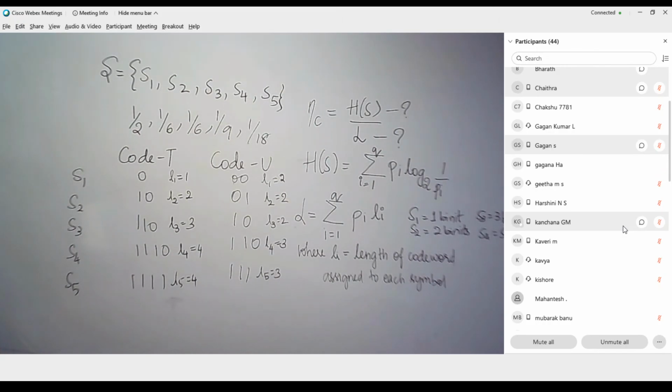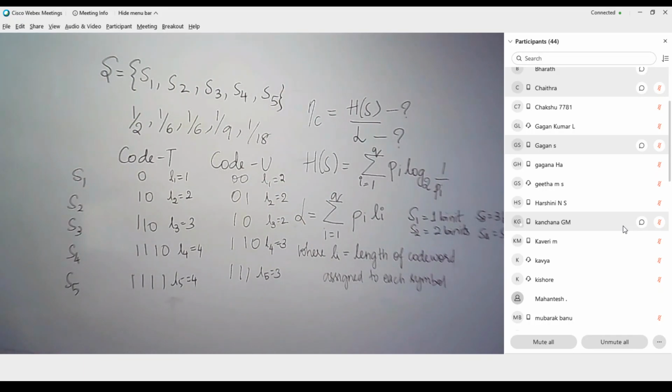0.972, that is in terms of ratio. If you multiply it by 100%, you get 97.2%. For redundancy, it will be 1 minus eta C, into 100%.